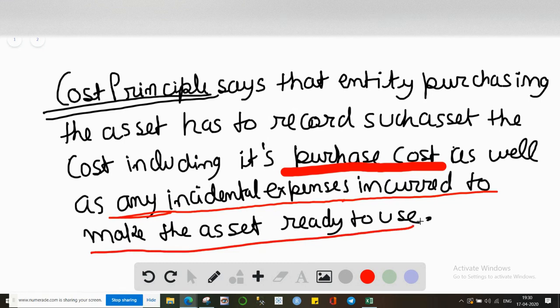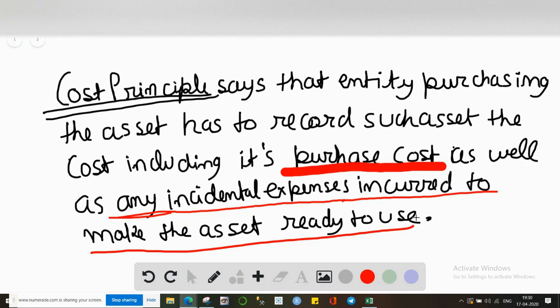First, let's understand through an example. Suppose you have purchased a computer. After you purchase the computer, what do you have to do? You have to make the machine into an assembled form so that you can use it.